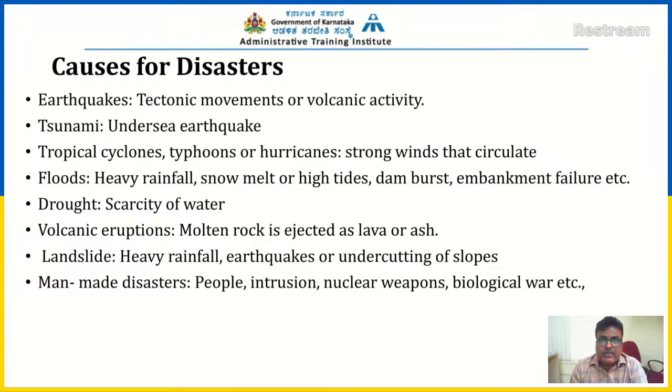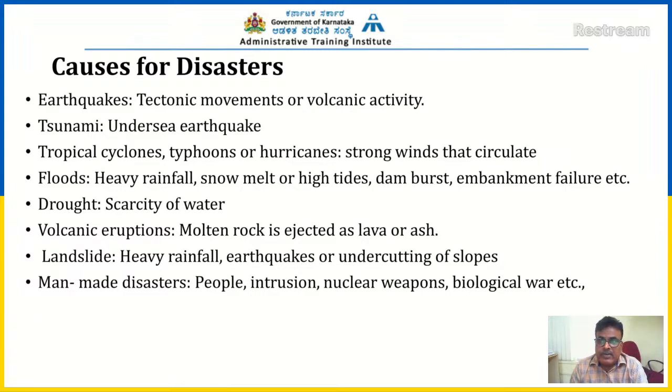States like West Bengal, Orissa, even Tamil Nadu and Kerala experience cyclones of huge intensity compared to other states. So that is cyclones, typhoons, hurricanes, etc.